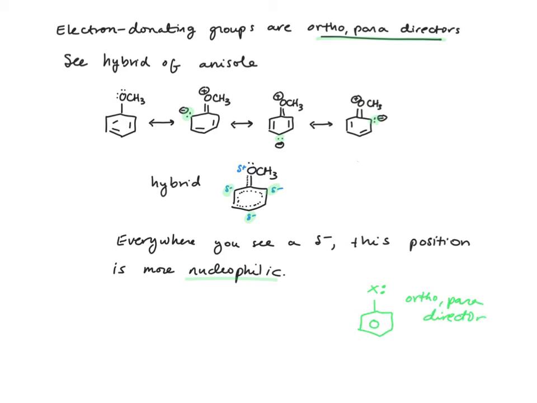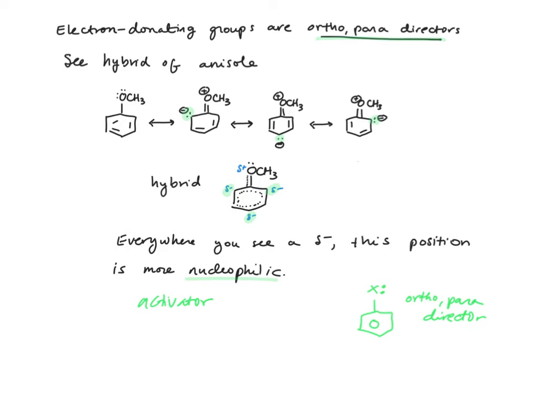In this case of methoxy, then the group is also activating because you put more negative charge into the benzene ring, so this one is also an activator. And so this is going to be a molecule that reacts more easily and is functionalized at the ortho and para positions.